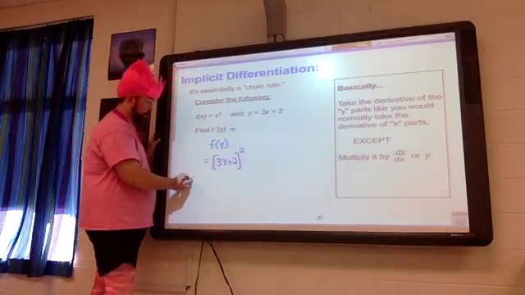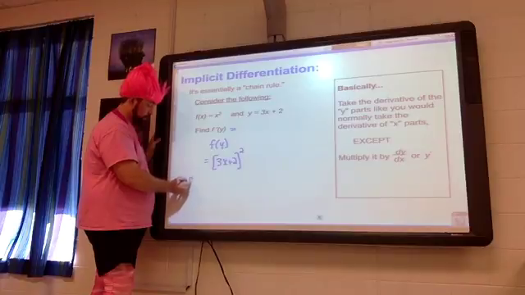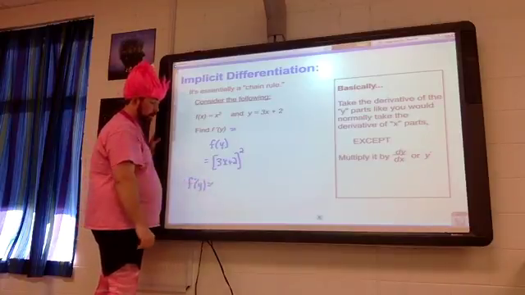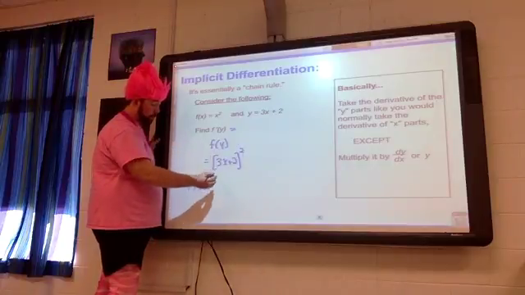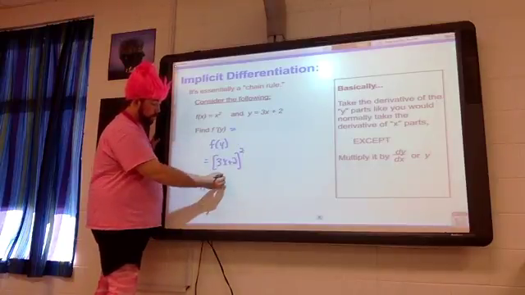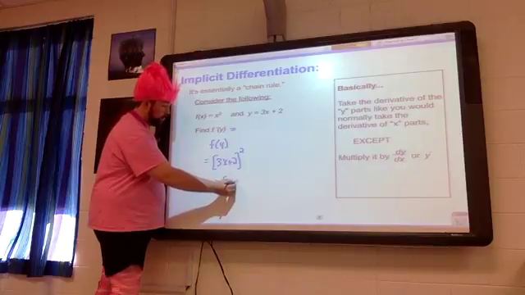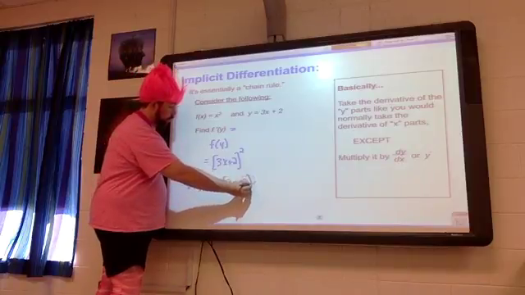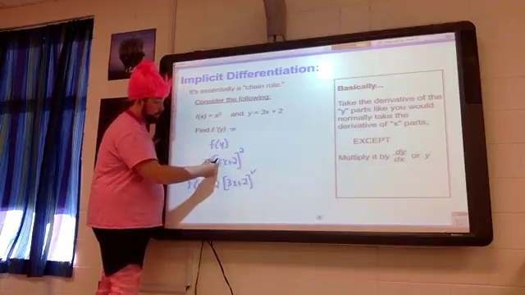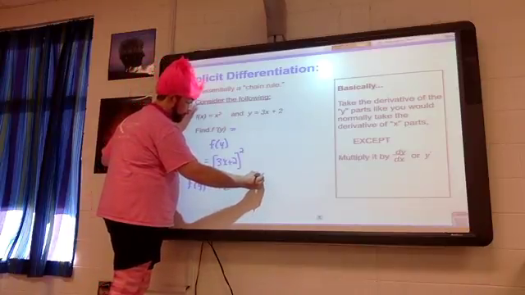And if I want to take the derivative of that, that's going to be chain rule: bring down the 2, leave the 3x plus 2 alone, raised to the first power, and take the derivative of the inside, which is 3.